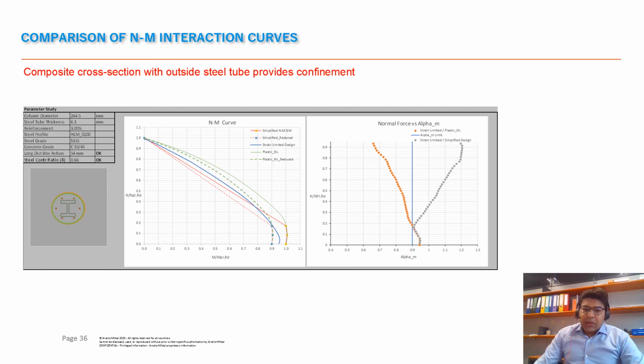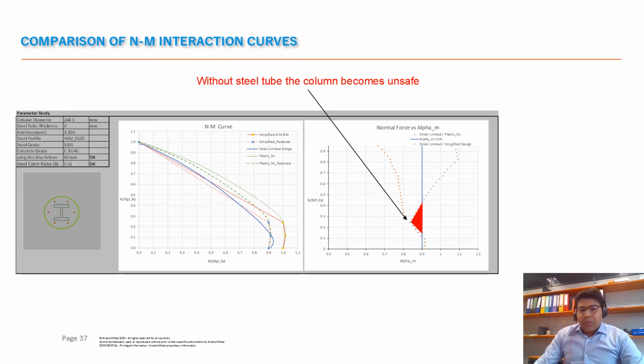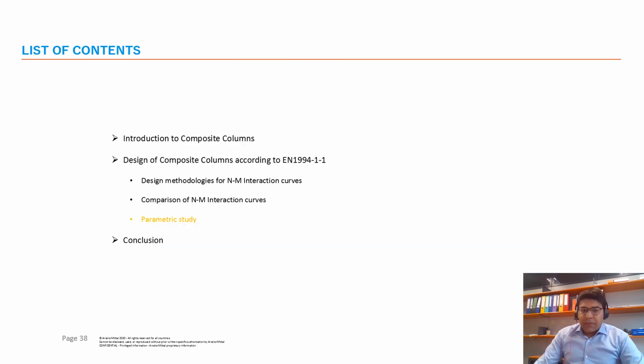You see that the alpha M values for strain limited by simplified method are within the limit of 0.9, but the moment a cross section without a steel tube is used, and still following the limitations outlined in the simplified method, we have an alpha M value which exceeds, and that's where it becomes unsafe.